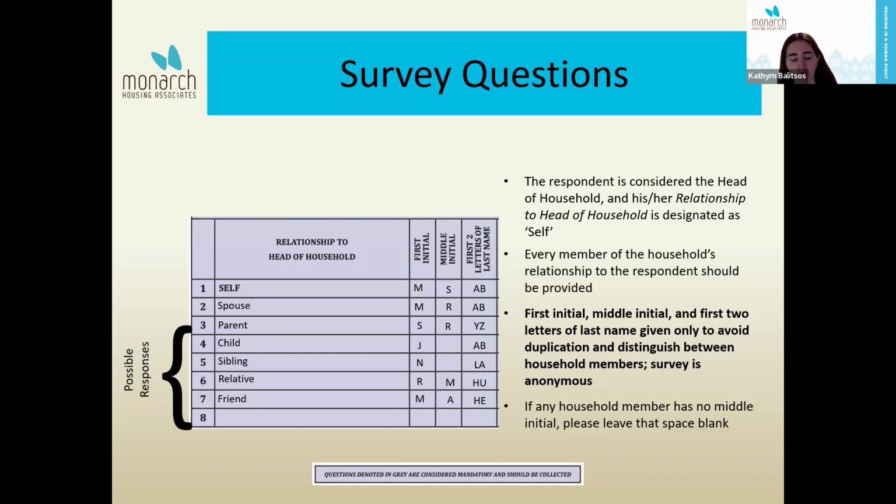So maybe it's their spouse, their parent, their child, their sibling, friend, etc. You're going to want to get the first initial, middle initial, and the first two letters of the last name as much as possible, just so we are helping with deduplication. That is the only identifying information that we're really asking for. And again, it will be anonymous. It's really just to help us with deduplication.